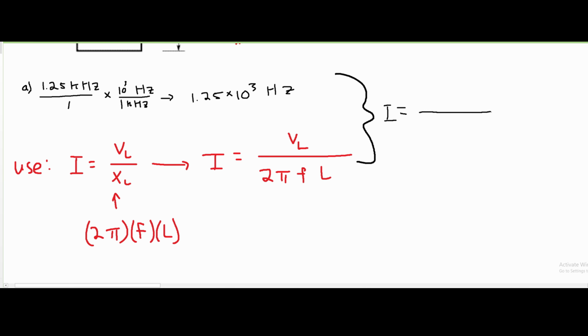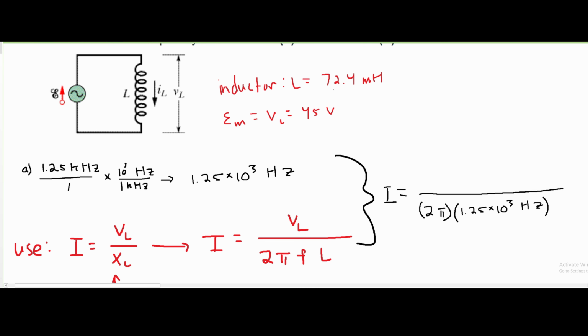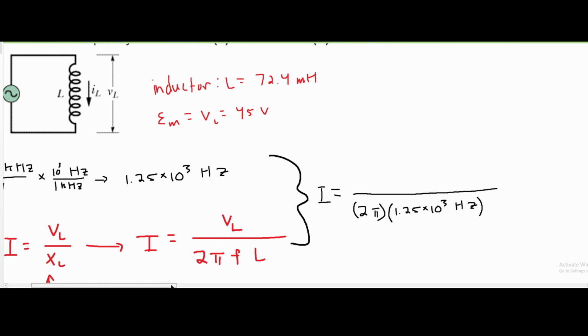We'll start with the denominator, and we're setting I equal to 2 pi times our frequency, and our given frequency is 1.25 times 10 cubed hertz. And lastly, our L is given up here, and that's going to be 72.4 millihenries.